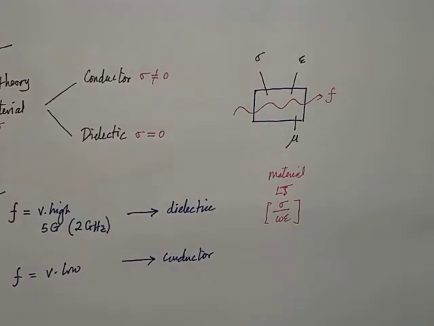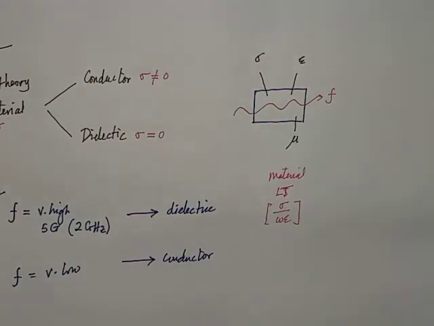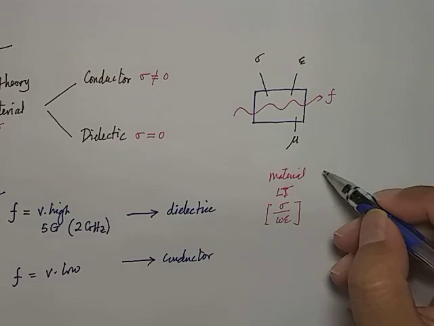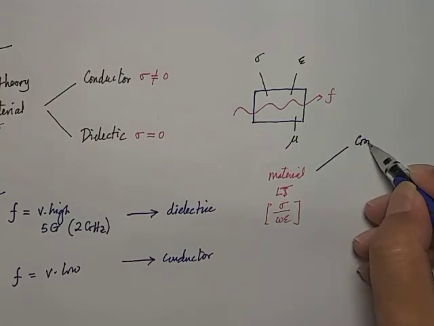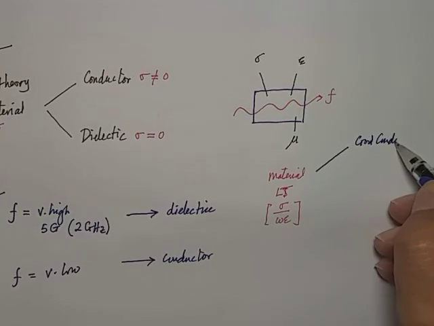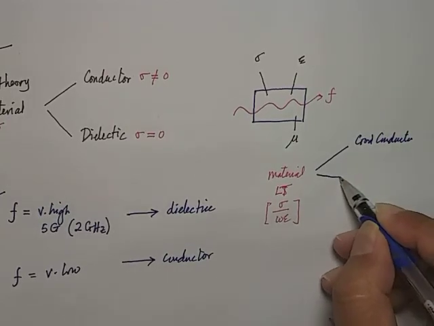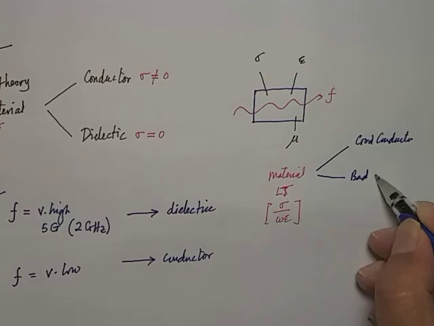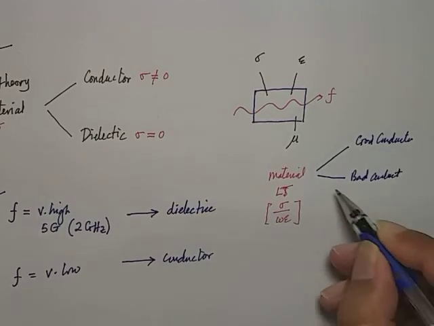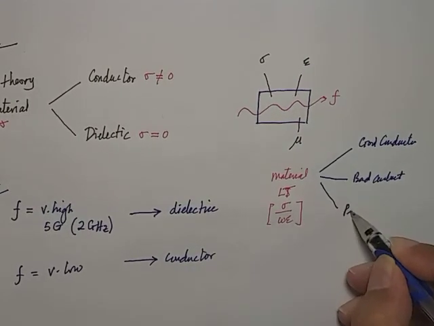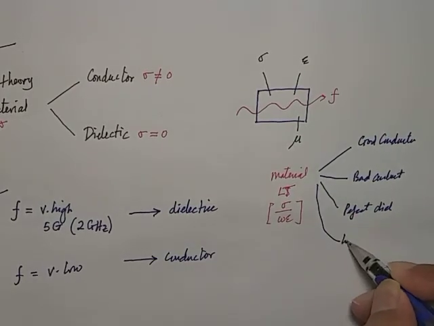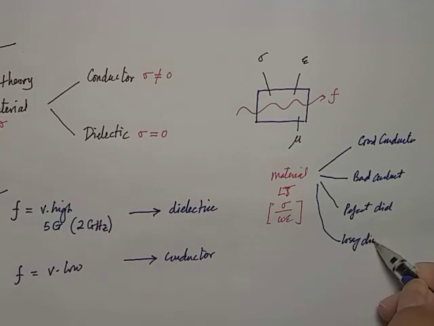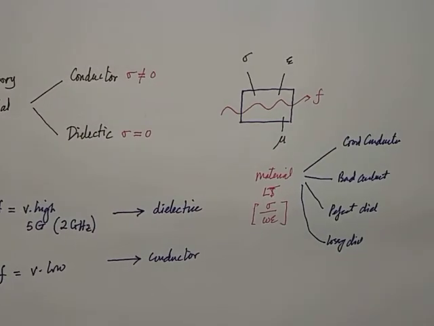So now, based on the loss tangent, we're going to have good conductor, bad conductor, perfect dielectric, and lossy dielectric. We're going to categorize in more detail.